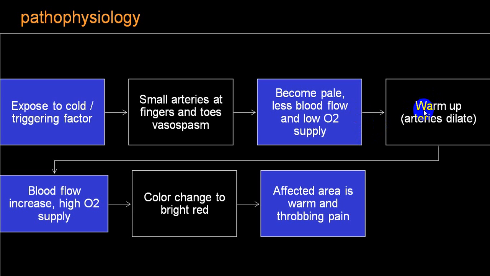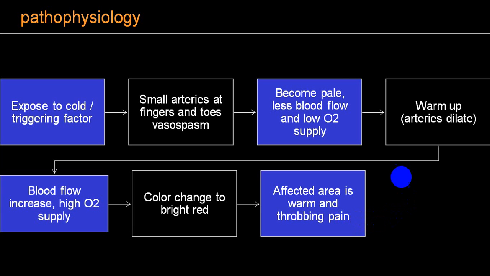Now, if you warm up, the artery will dilate, and once the artery dilates, blood flow increases, oxygen supply increases, and the color will change back to bright red. And now the affected area is warm, and there may be throbbing pain for some period of time. Then that pain also disappears.